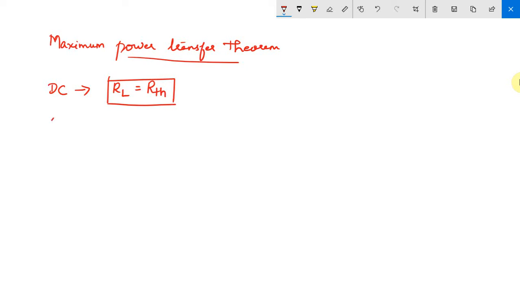Similarly, if we have an AC circuit, the condition for transferring maximum power is that your load impedance ZL is equal to the complex conjugate of your source impedance, which we also call the complex conjugate of Thevenin's impedance. Complex conjugate in the sense, if suppose your ZTH is equal to 2 plus 3j, then ZL, its complex conjugate, is equal to 2 minus 3j.